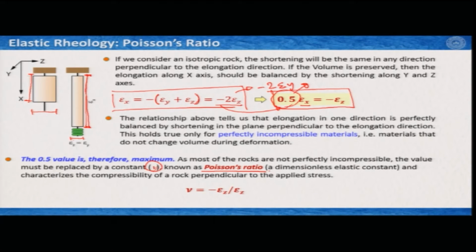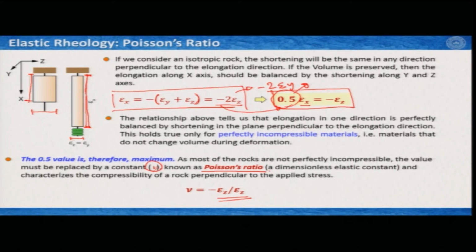And as you can see, Poisson's ratio must be a dimensionless quantity, because it is a ratio of two strain parameters. Okay. So, Poisson's ratio essentially characterizes the compressibility of a rock perpendicular to the applied stress.